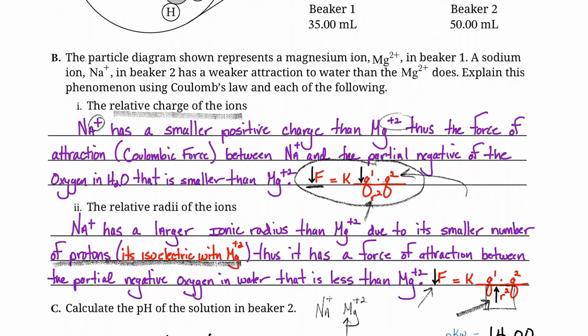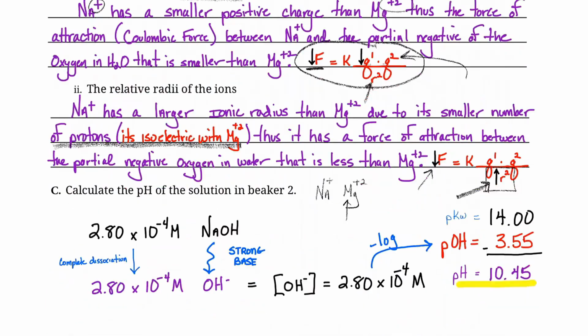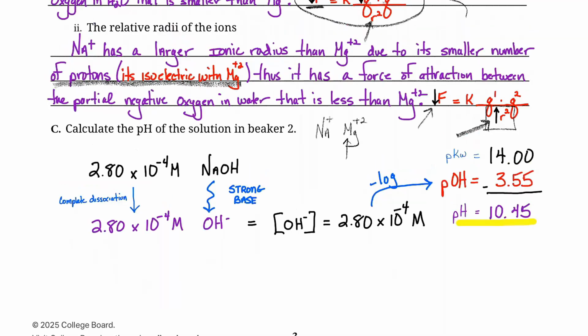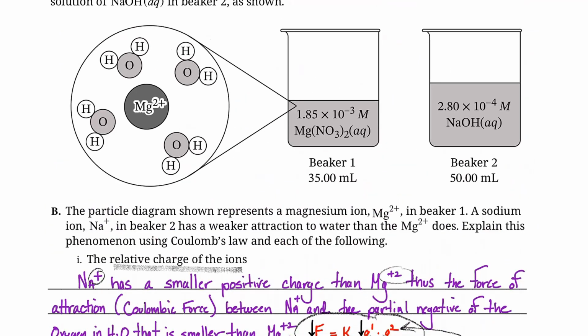On to the next part here, which again is how these questions are now being put together. They're going from 0 to 60 very quickly in different areas. We're talking about Coulomb's law of ions attracting water when they dissolve, and now in C they want the pH of the solution in beaker B. In beaker B, we should recognize very simply that we've got ourselves a strong base.